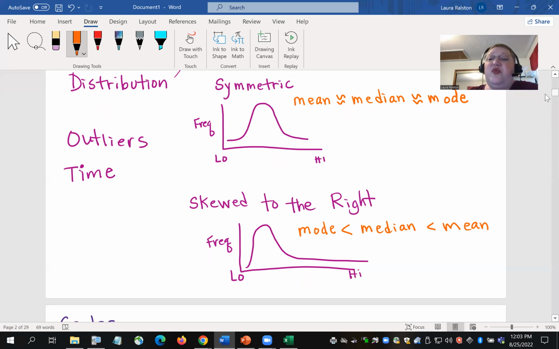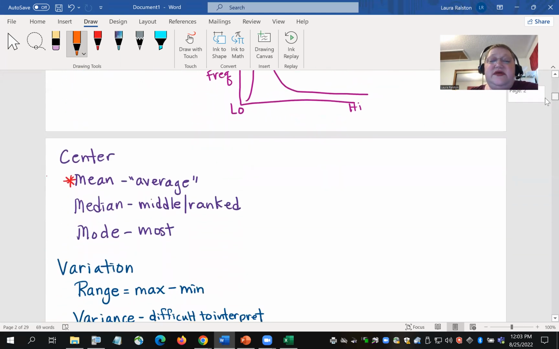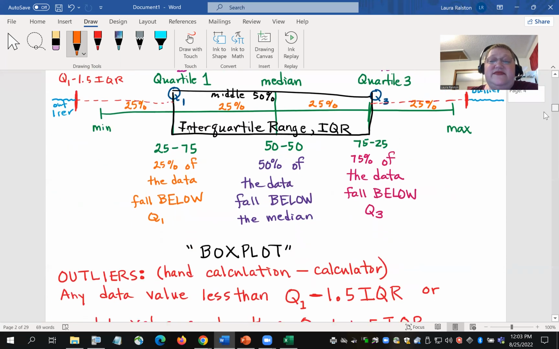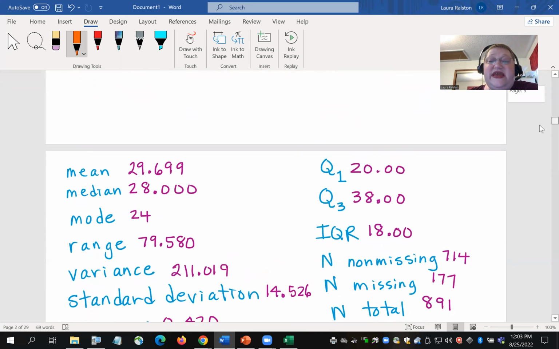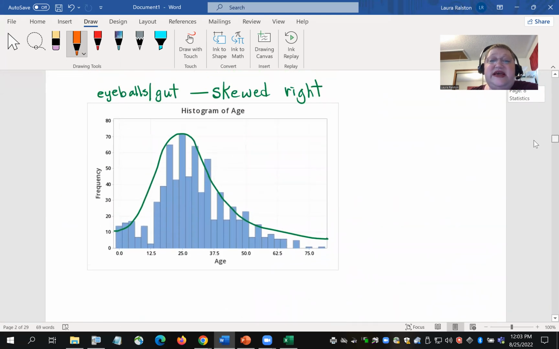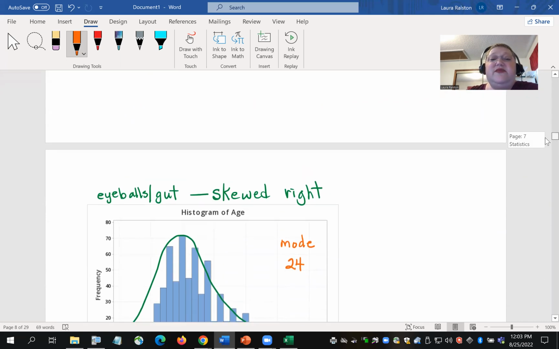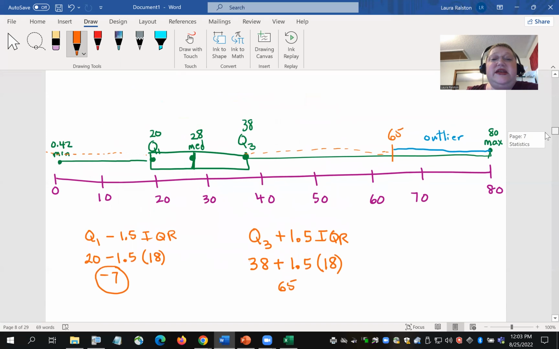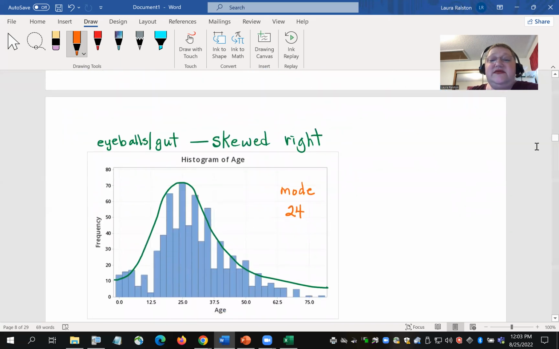So let's go back and look. We've had kind of a disagreement, but we think that our histogram is either skewed right or it is symmetric. So I want to look at the mode, which was 24. What was our median? I had it on my box plot. The median was 28.